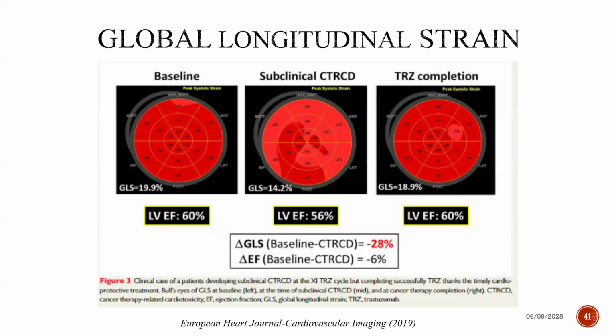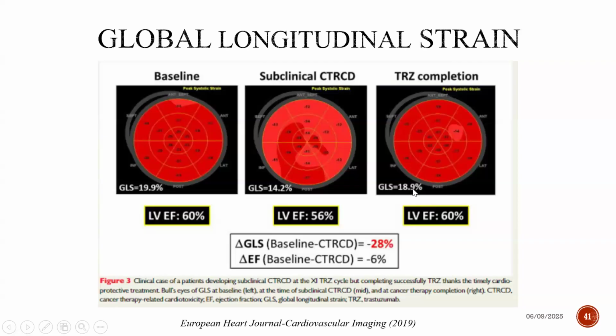So by our earlier definition of mild cancer therapy-related cardiac dysfunction, this patient had a mild asymptomatic disease and was put on cardioprotective therapy. Treatment was able to continue to completion. And at the end of the treatment, the patient's EF had recovered and the GLS had also improved.